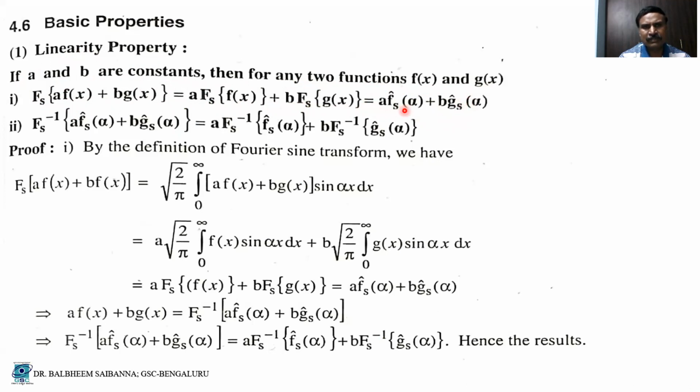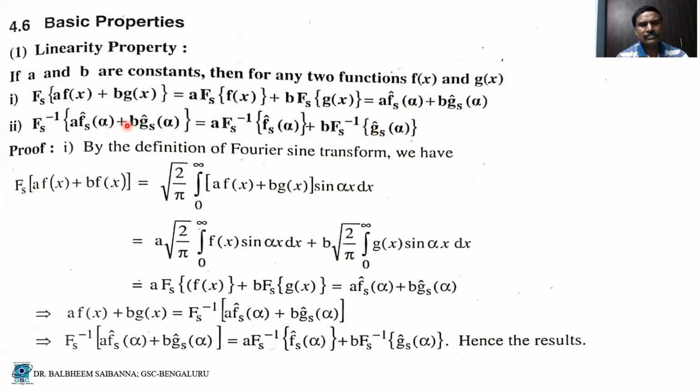We have to prove this one, LHS equals RHS. Next one, Fs inverse of a Fs cap alpha plus b Gs cap alpha is equal to a Fs inverse of Fs cap alpha plus b Fs inverse of Gs cap alpha.